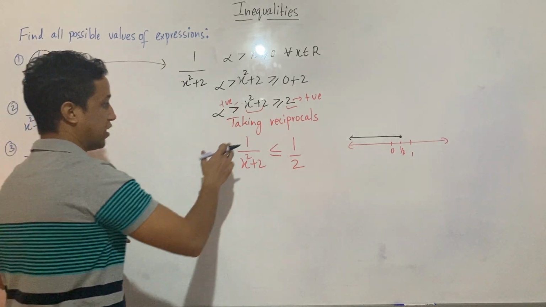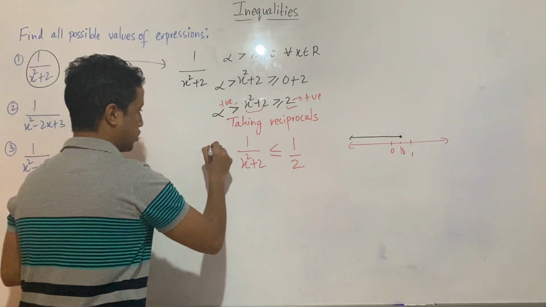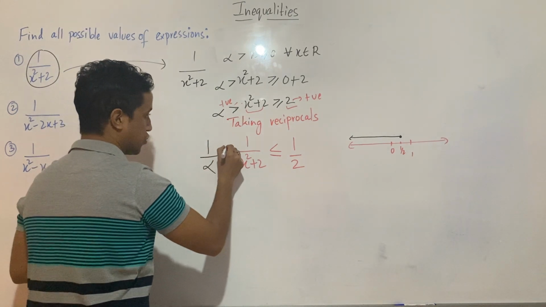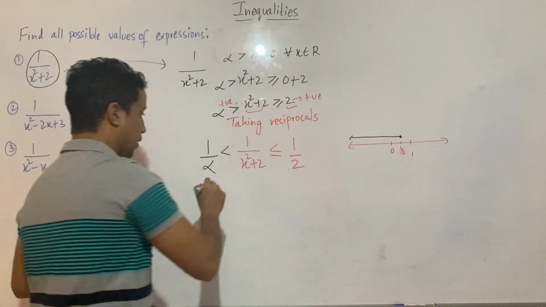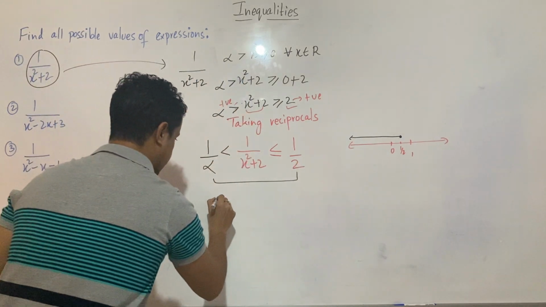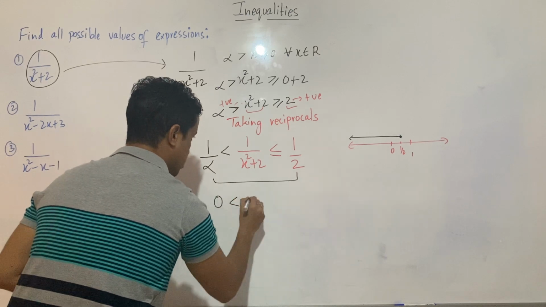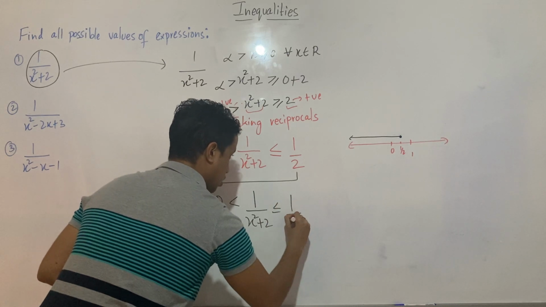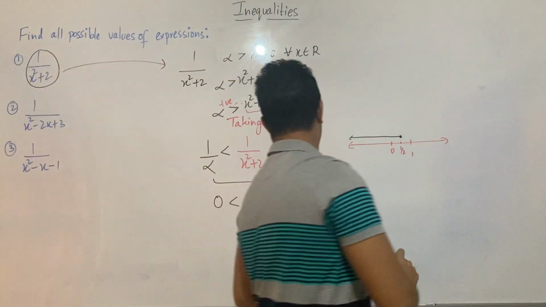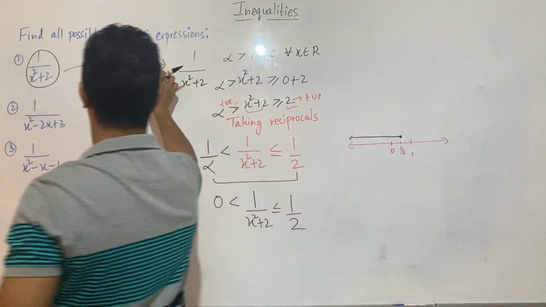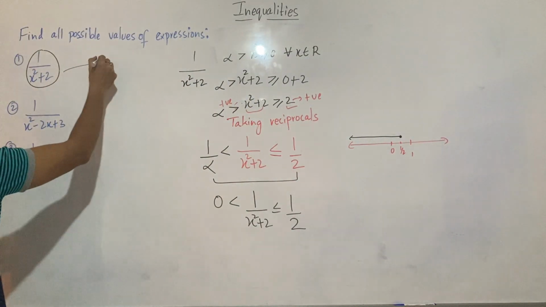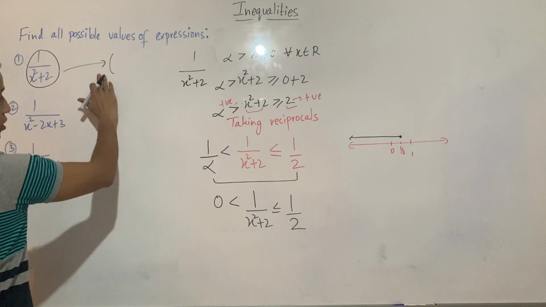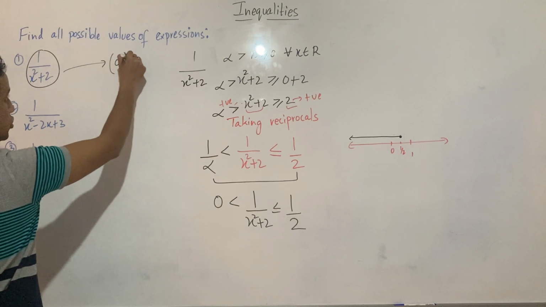And when we change the sign, it will be 1 over infinity, which I can write as 0. So 1 over x square plus 2 will lie in the interval from 0 to 1 by 2.